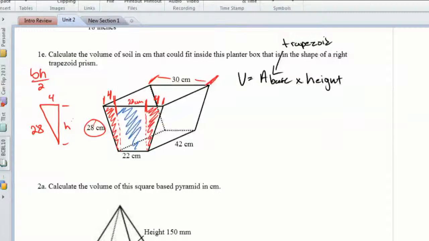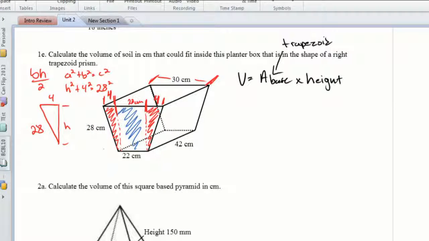So we're back to this base times height problem where we have to calculate it using the Pythagorean theorem. a squared plus b squared is c squared. In this case, my a is going to be h. h squared plus 4 squared is 28 squared.